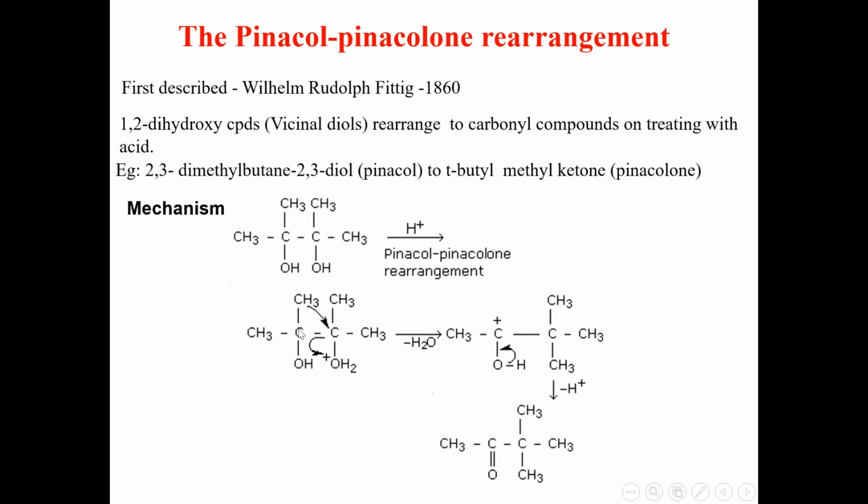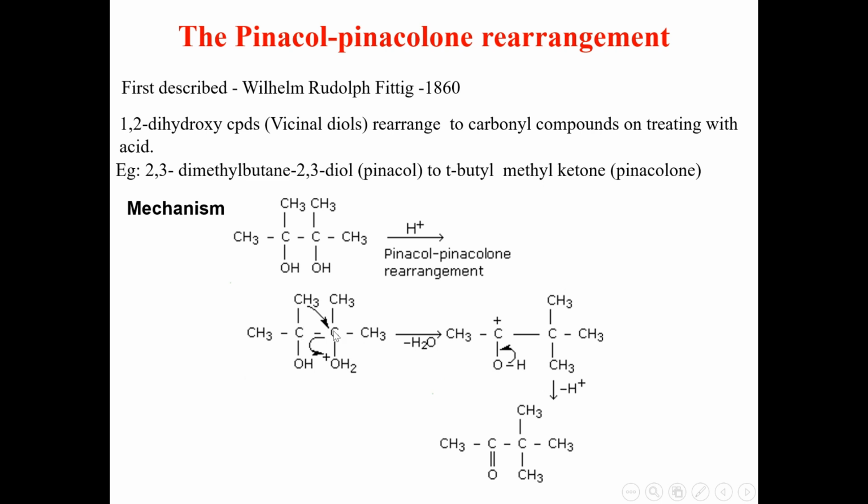That's why the adjacent carbon and its substituent, the bond breaks. This substituent on the adjacent carbon along with its electron pair moves towards this positive center which is formed, and once these electrons are taken away from the adjacent carbon, a new carbocation is formed.